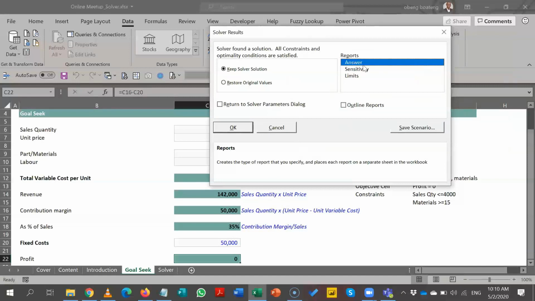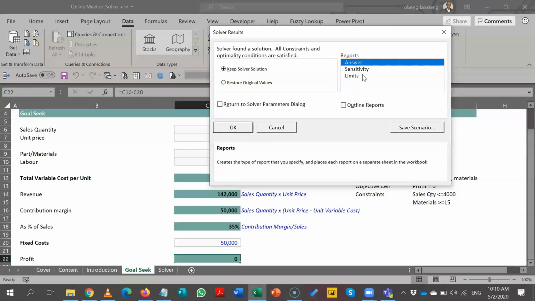So all you need to do is just click answer and then you click OK. It will create a new worksheet for you. It can also give you a sensitivity report. So it will give you the limits of the solution in another report. And then you can also add that. So all these, depending on the report you want, all you need to do is just click and then you click OK. But I didn't get the sensitivity and limits on mine.